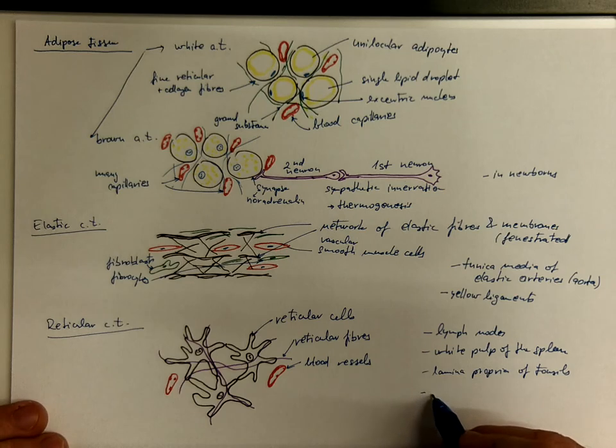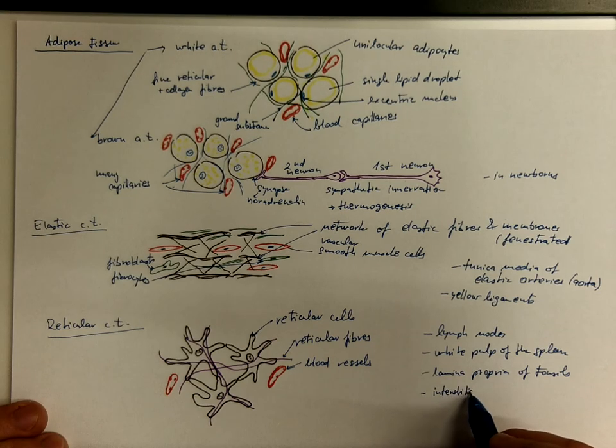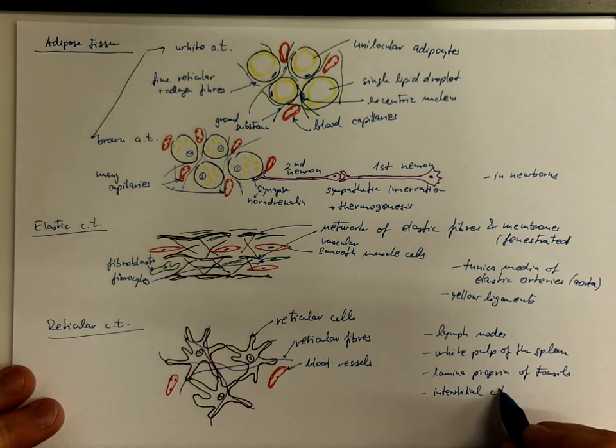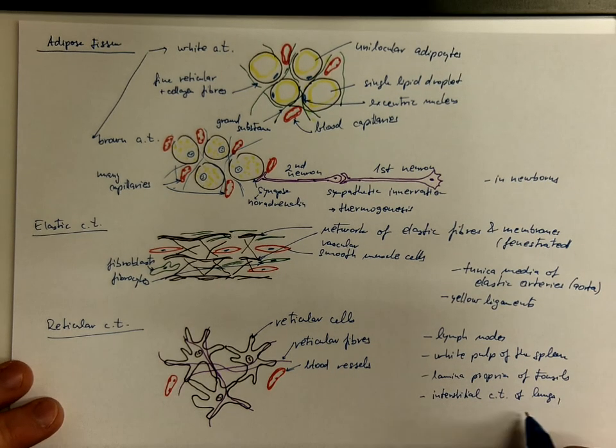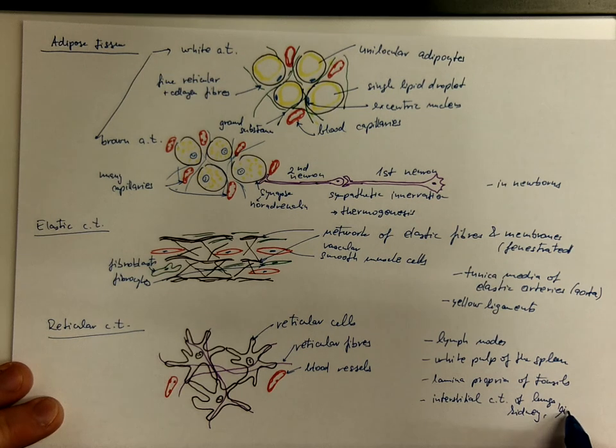That's where we call it interstitial connective tissue of these parenchymatous organs of lungs, kidney, or liver.